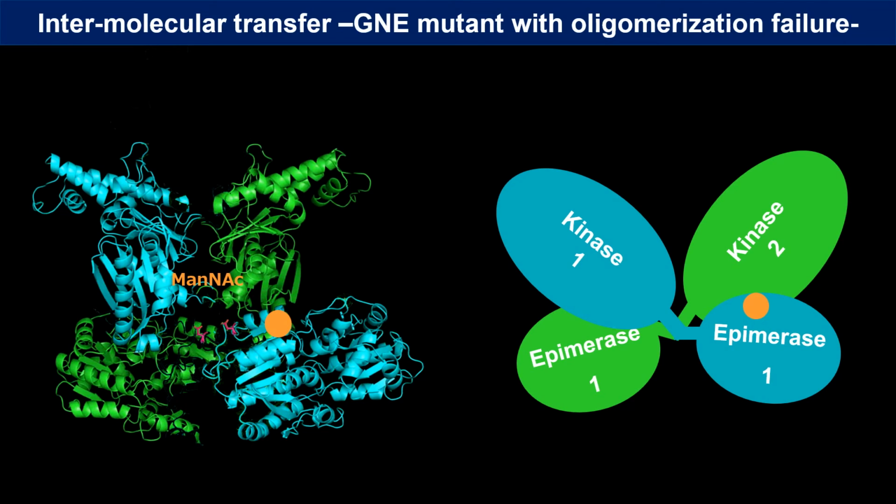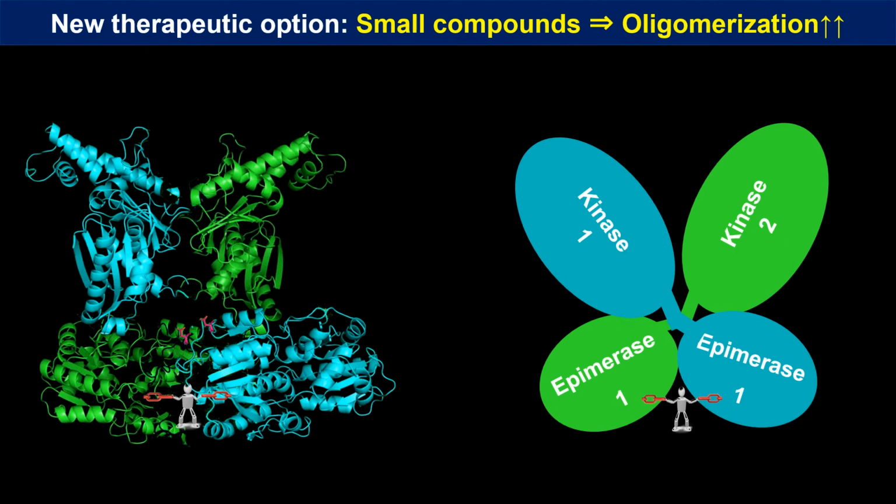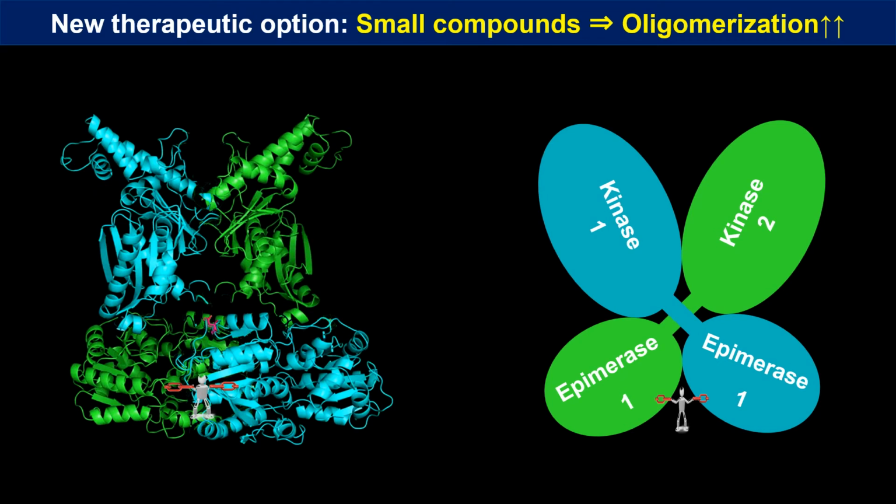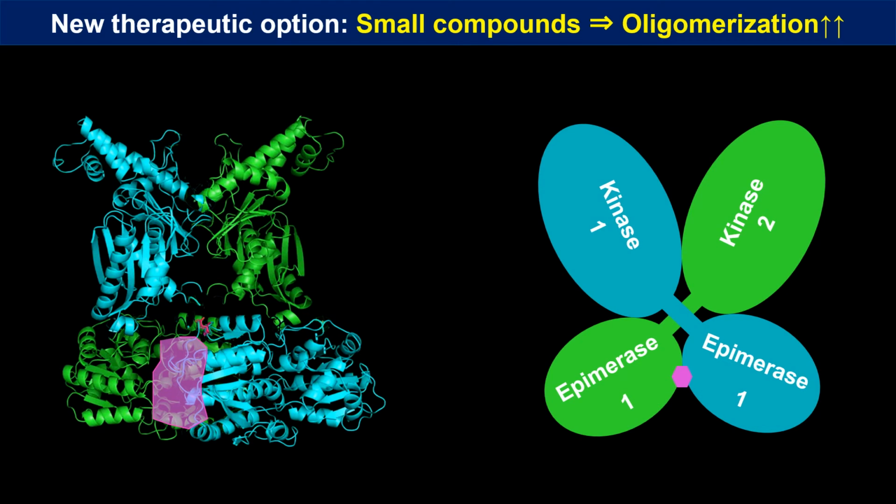So this structure could not produce ManNAc-6P effectively because of the oligomerization failure, leading to low production of sialic acid. So what we want to do is to fix this oligomerization failure, like this animation, by small compounds.